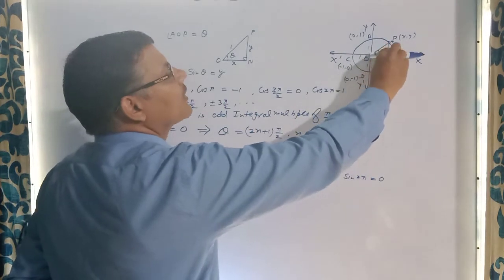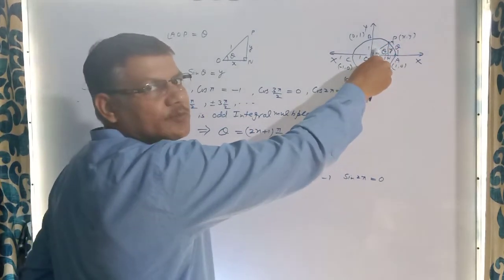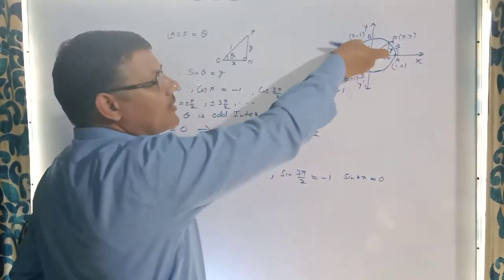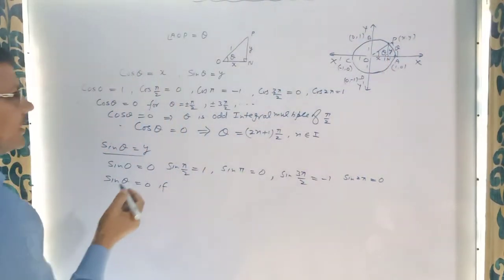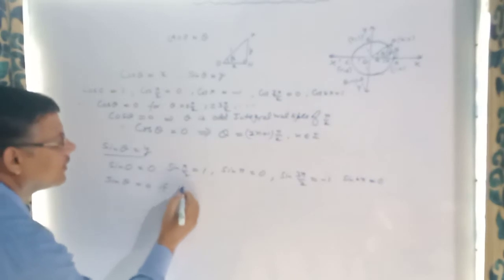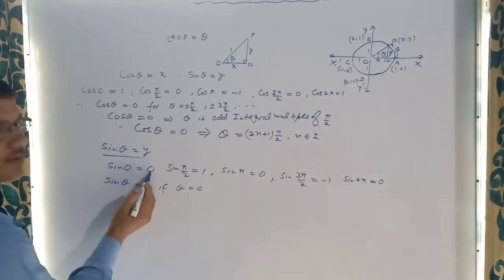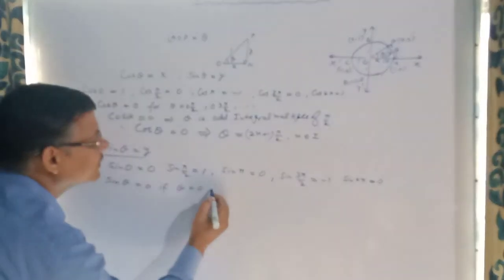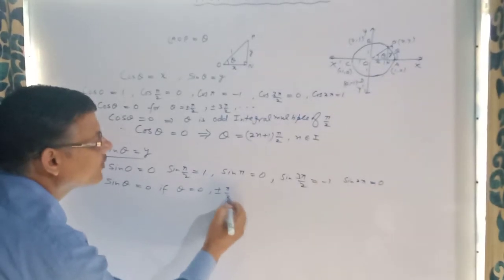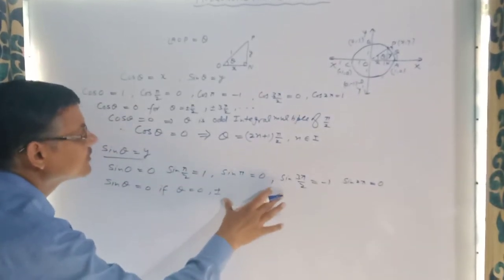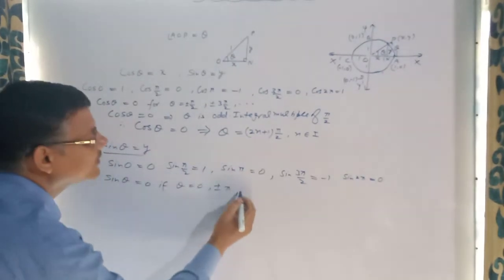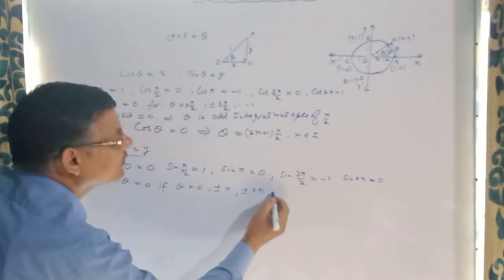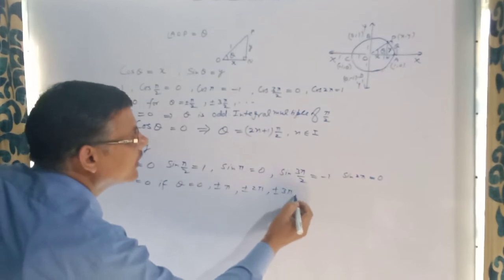When we move in the clockwise direction, it comes as minus pi, minus 2 pi, minus 3 pi, and so on.